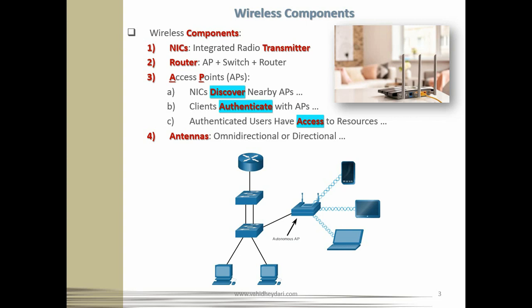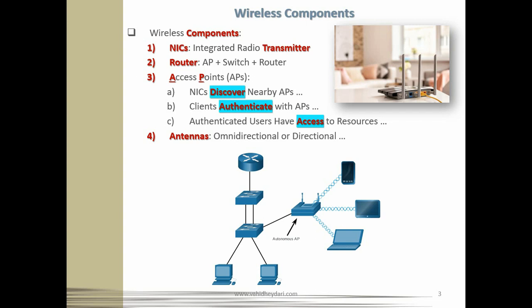There is an access point, there is a switch, and there is a router. When we are technically discussing these terms, there is a small difference between these concepts. We have access points when we are talking about wireless. To provide wireless access to devices, we need the access point subcomponent of home routers or wireless routers.